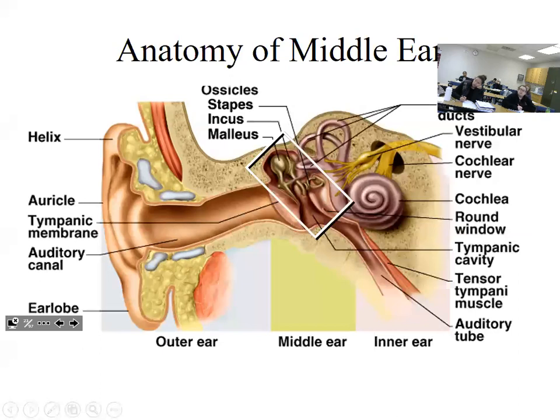This little middle part, it's so important that these bones be able to move the way they're supposed to move, that this little part is filled with air. It needs to be filled with air. It's so important that it's got air and not fluid, that it has a drain tube. You all call this drain tube the eustachian tube. This drain tube is draining to the back of the nasopharynx, which is the back of your throat. So obviously you have a right one and you have a left one, and this is why you can hold your nose and put pressure on it.